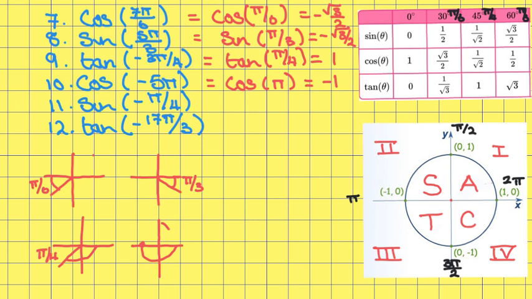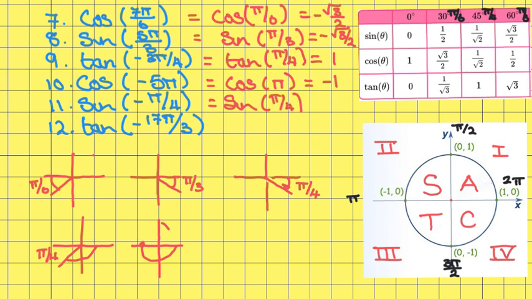Question 11, sine minus pi over 4. So a quick diagram. So we know we're going the wrong way around, so we're going this way. So that would be minus pi over 4. So we're looking for sine pi over 4.